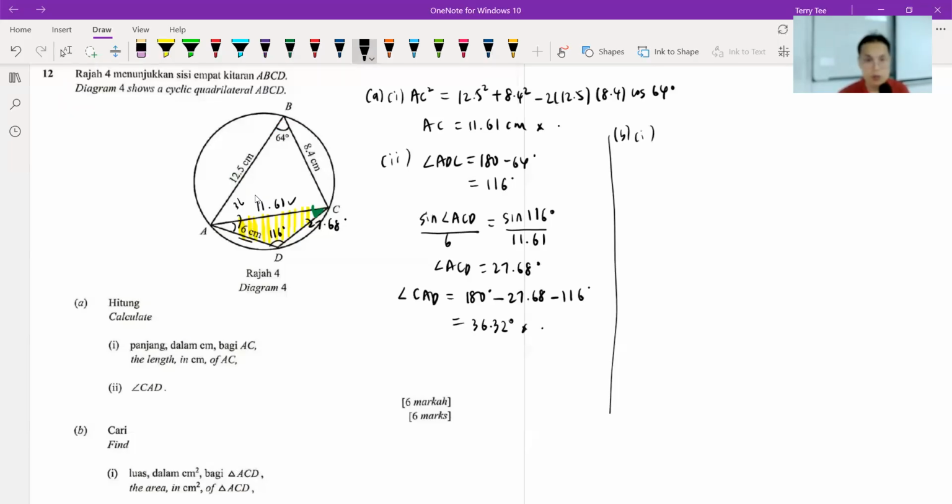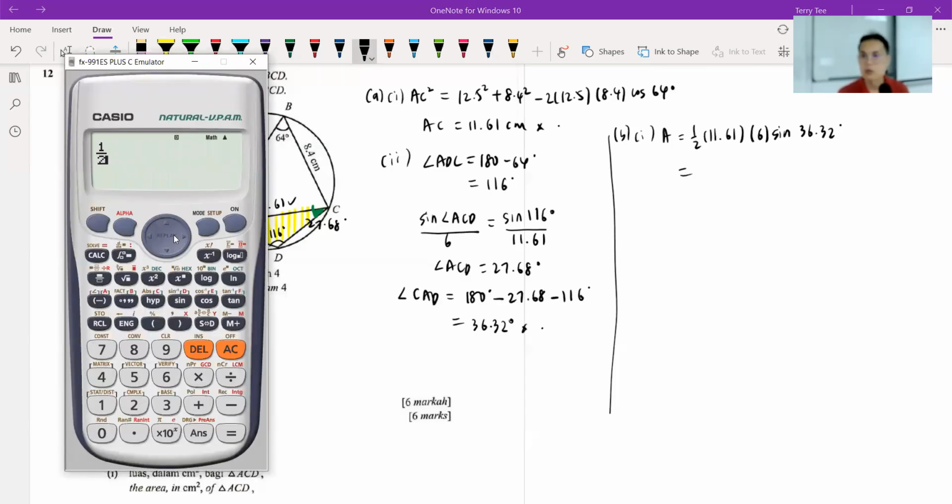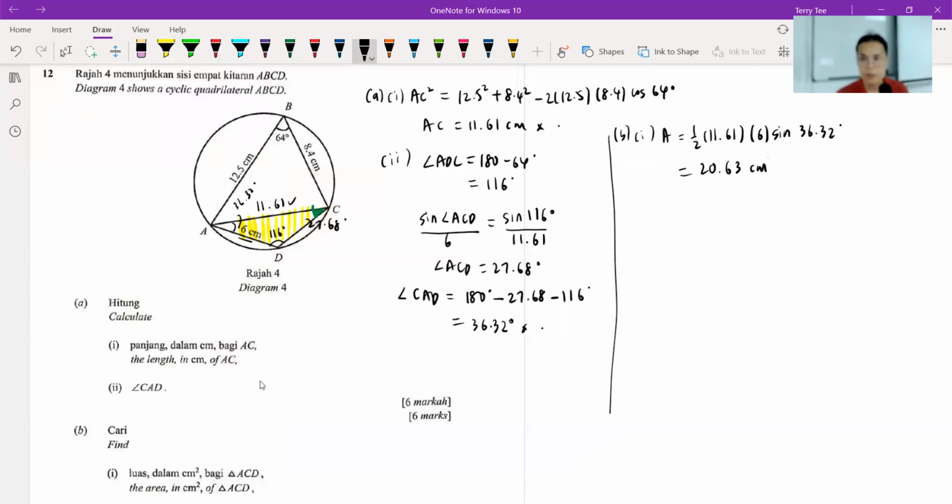So the area is half times 11.61 times 6 times sine of 36.32. Now use your calculator, everyone. Half, 11.61 and 6, followed by sine 36.32. Okay, and my answer is 20.63. Yeah, 20.63.